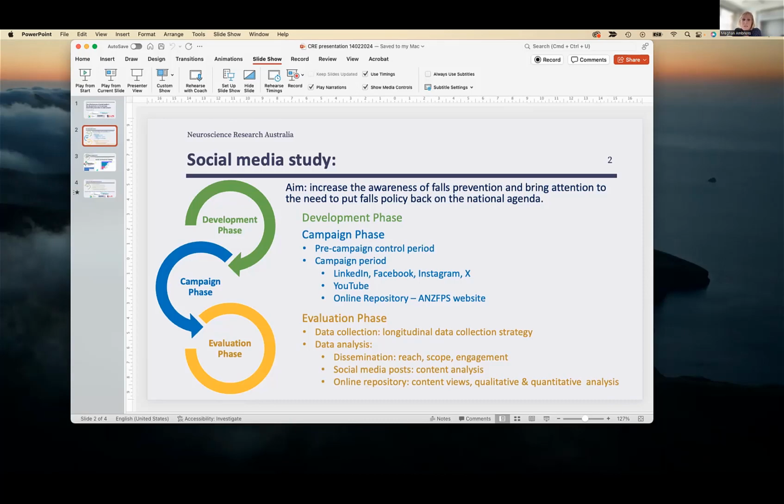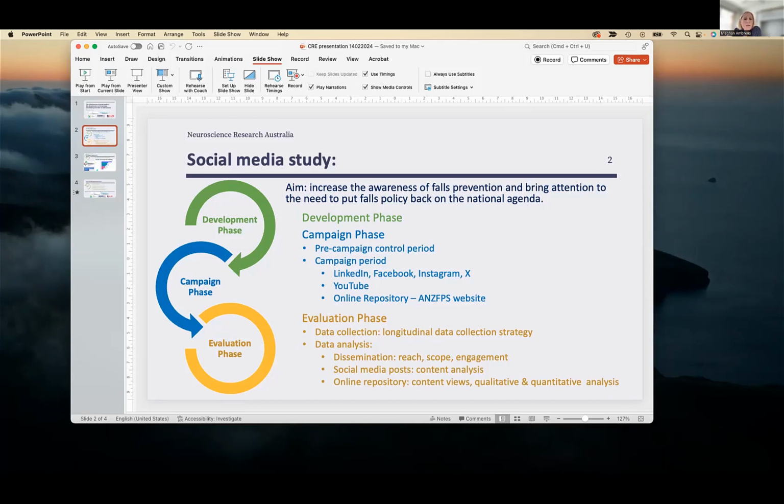It's going to use scientific information to disseminate. We'll disseminate that through engaging and accessible digital content, and we will then compare that. So we've got a pre-campaign control period and campaign phase, and we'll be able to compare the mean number of tweets or posts against that control period.